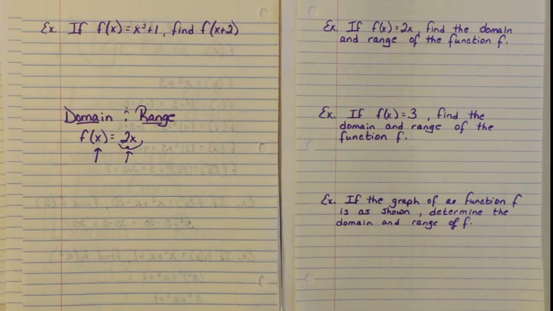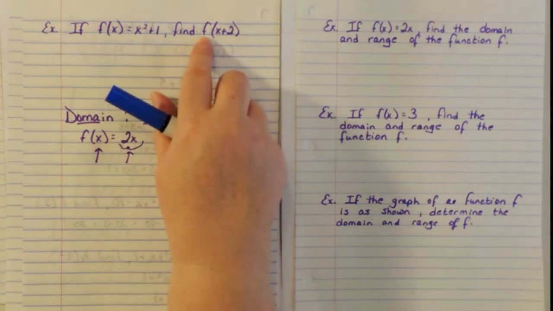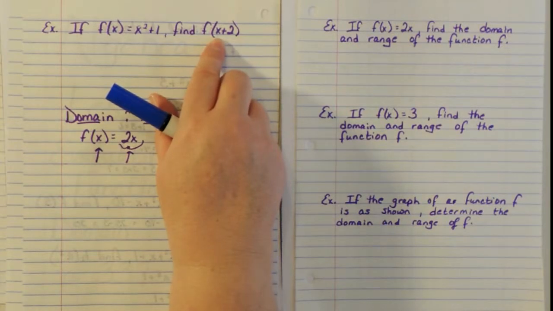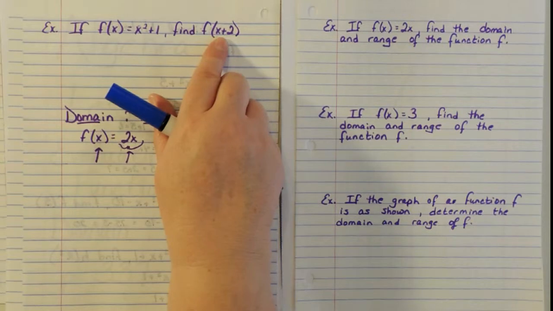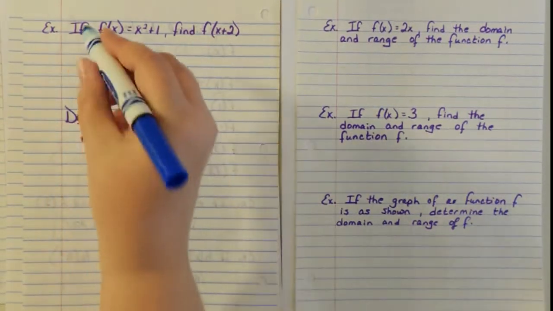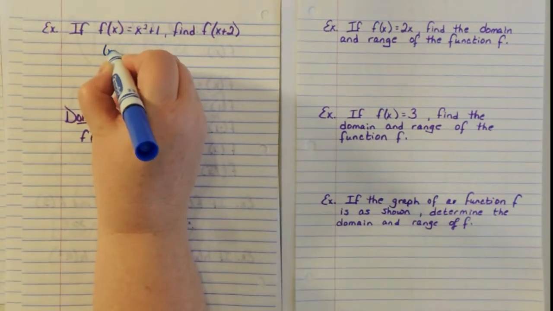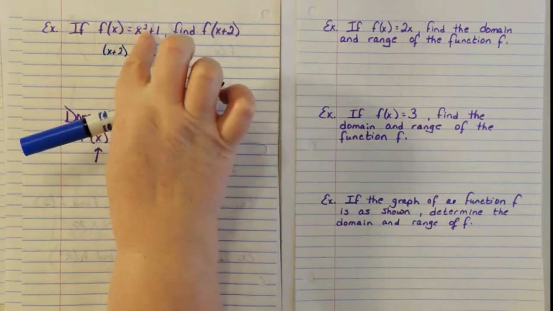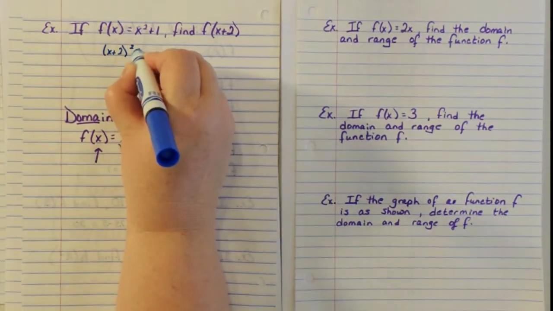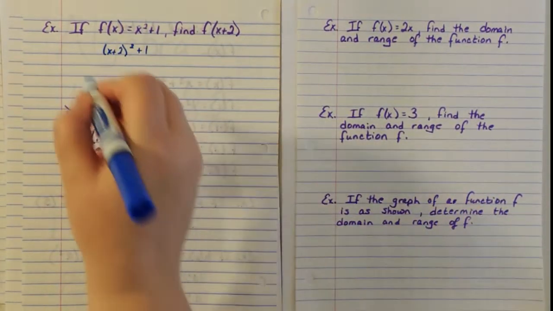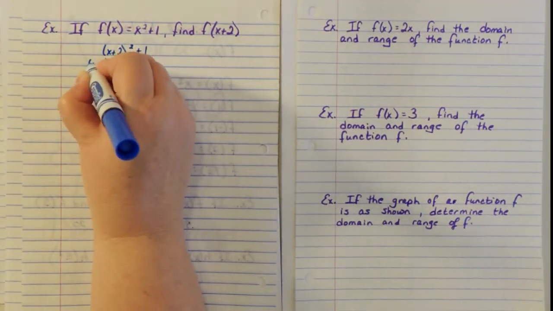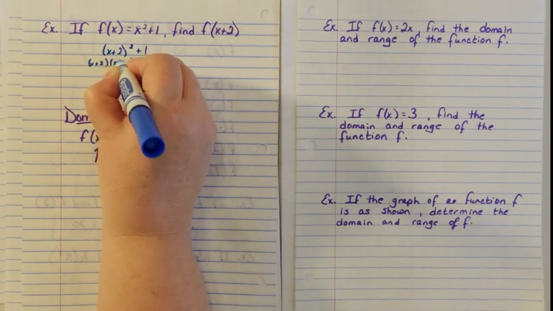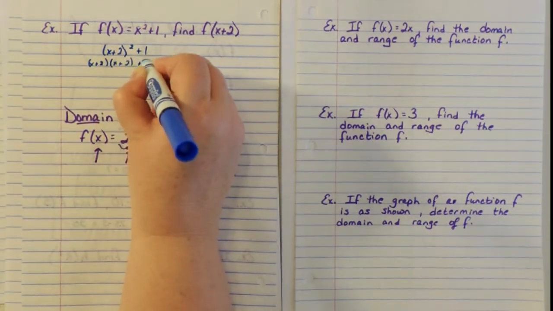Okay? If f of x equals x squared plus 1, find f of x plus 2. So for every x, we're going to substitute x plus 2. So we have x plus 2 squared plus 1. Okay, x plus 2 squared is the same as multiplying this by itself, plus 1.